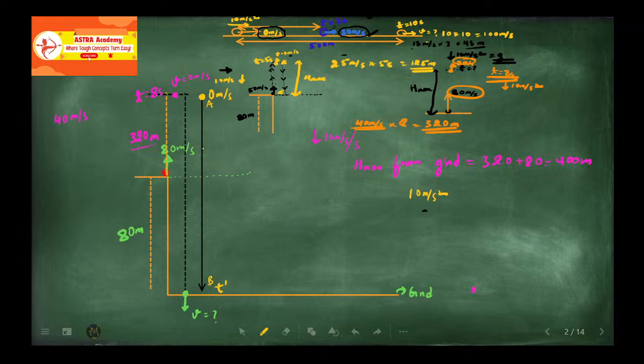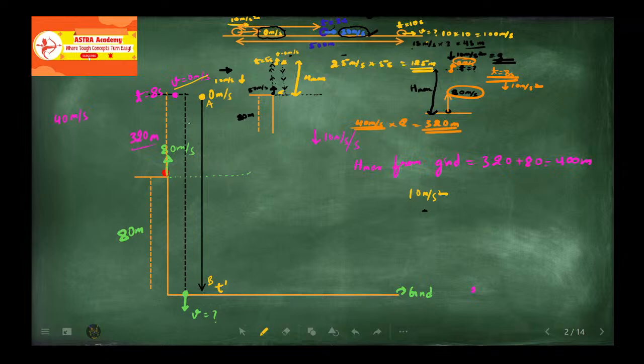I am saying that if the body starts from the terrace, it goes to the maximum height. Now from the maximum height, where the velocity became zero, it starts its motion in the reverse direction. So there are two parts of the motion: the first part is reaching the maximum height, and the second part is from maximum height till the ground.